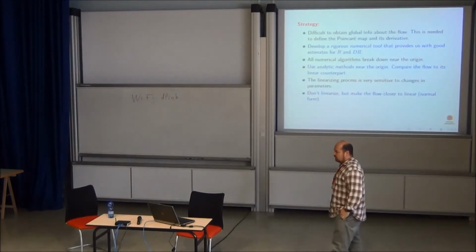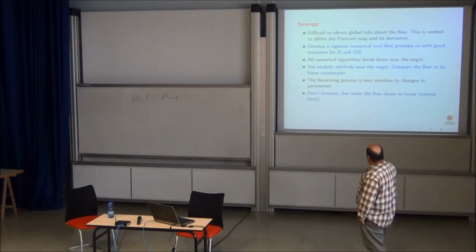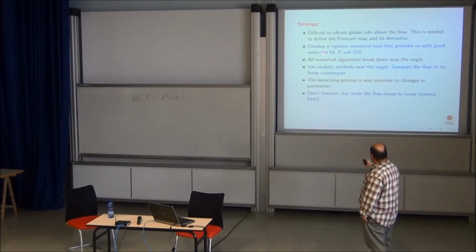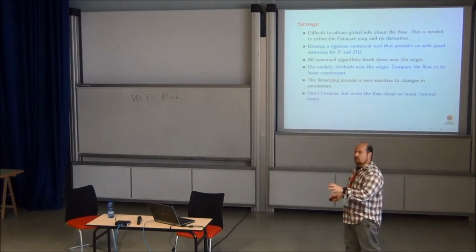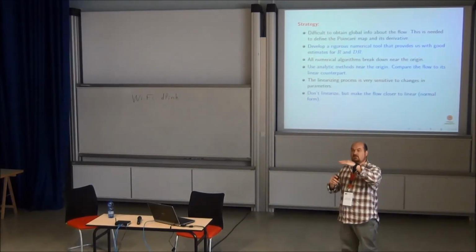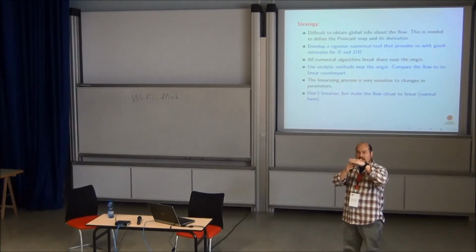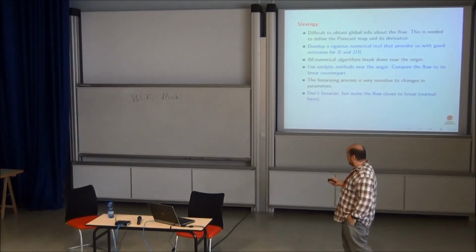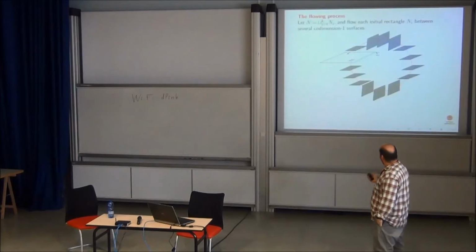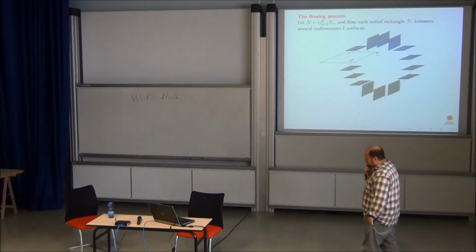I'll tell you more about this. Okay, so these are the two things: to have a rigorous integrator and to find a normal form that is close to linear but not quite linear. It still gives us an explicit description of what happens near the fixed point. So we don't have to numerically integrate.